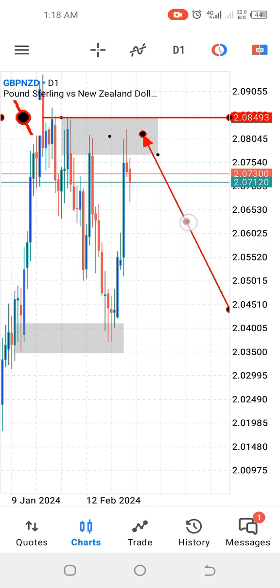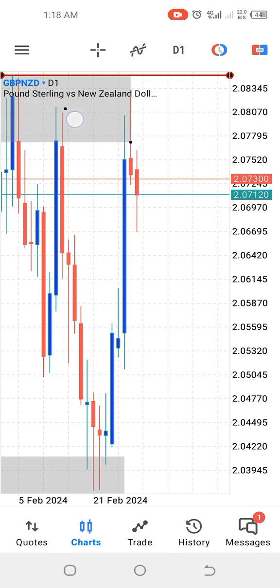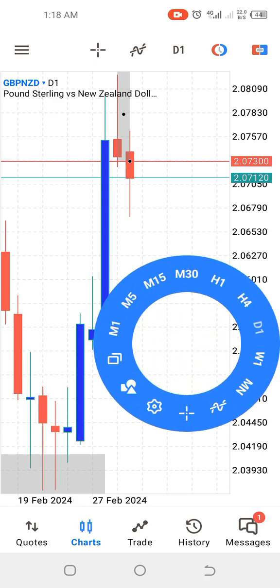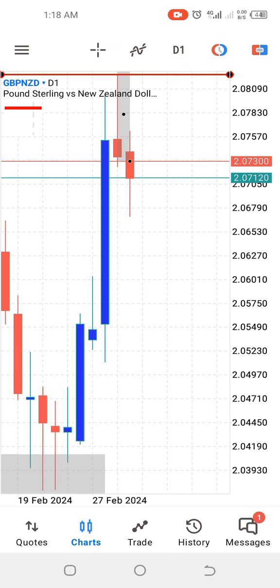Now the recent price action, you can see on the daily time frame, price gave us a pin bar candle. Okay, which is this particular candle right here. That's a pin bar, and what does it tell us? It tells us that there's a lot of selling pressure.